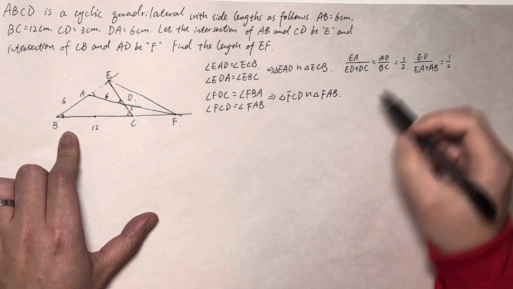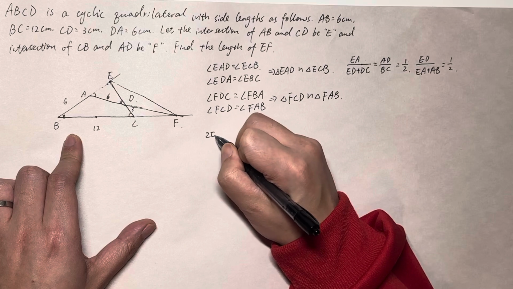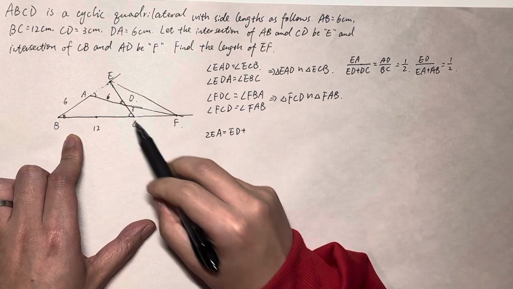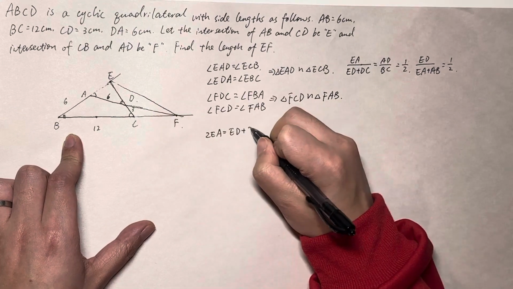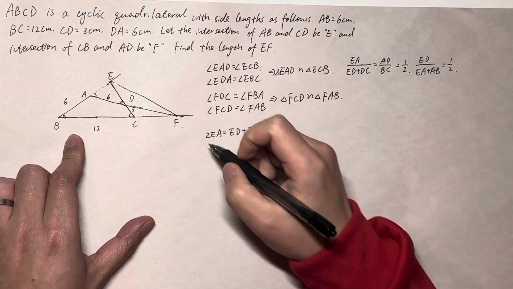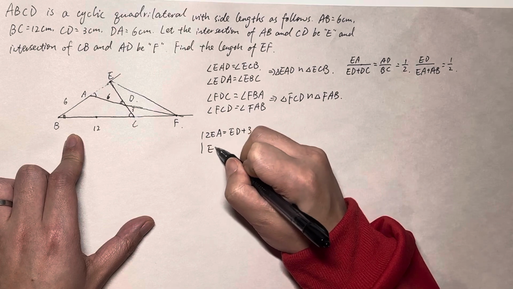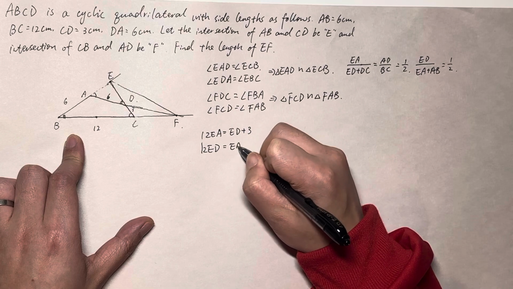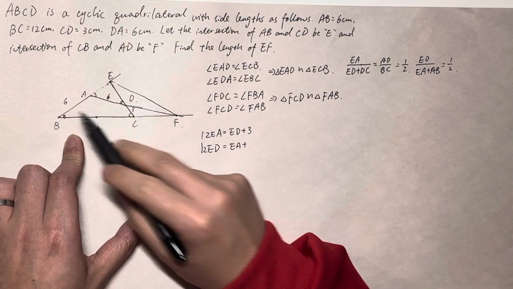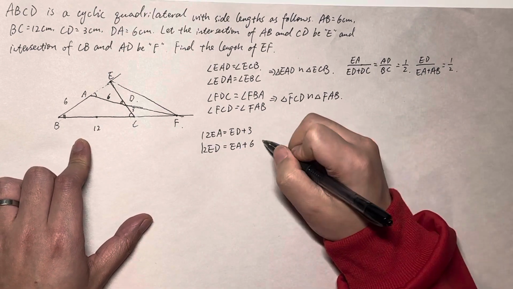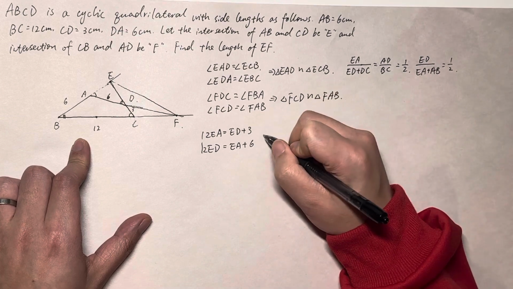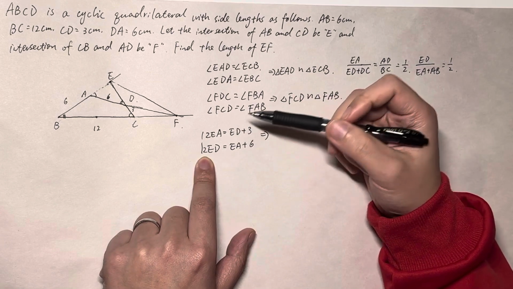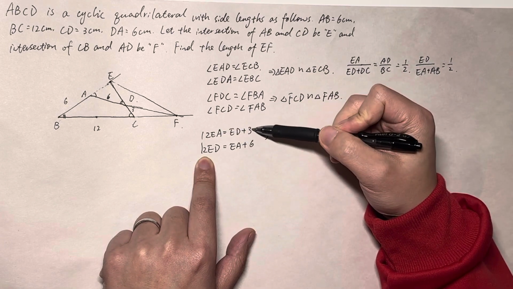Right, so from this one, we have that 2EA equals ED plus DC, which is 3 centimeter. And from this one, we have 2ED equals EA plus AB, which is 6, right? So from this, we got that ED equals 2EA minus 3, right?